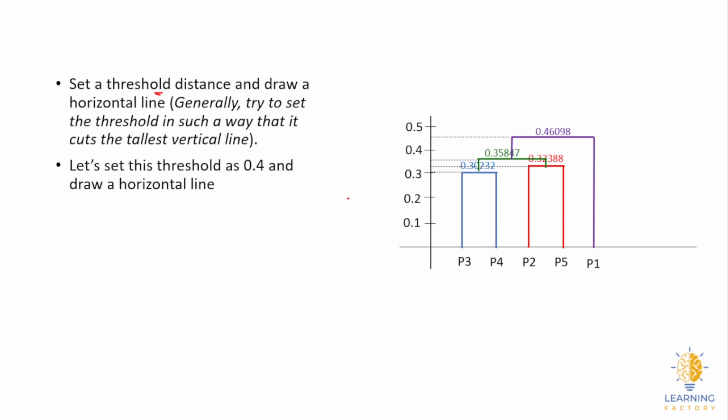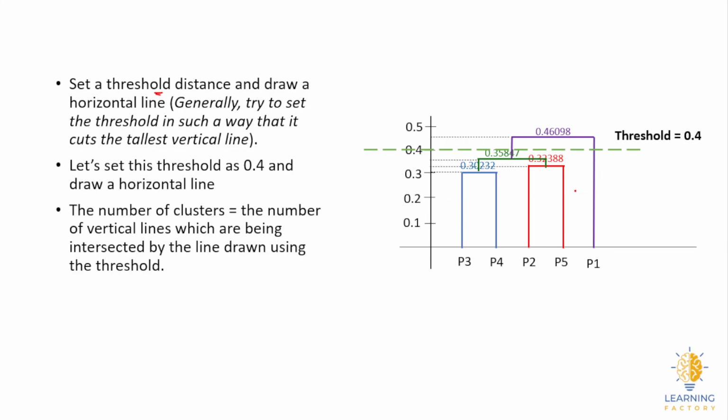So let's set this threshold as 0.4. Okay, and let us draw the horizontal line at that threshold. So please note, whenever we are selecting this threshold, it should cut the tallest vertical line, and while cutting this, we should make sure that it is not cutting the other vertical lines, right?